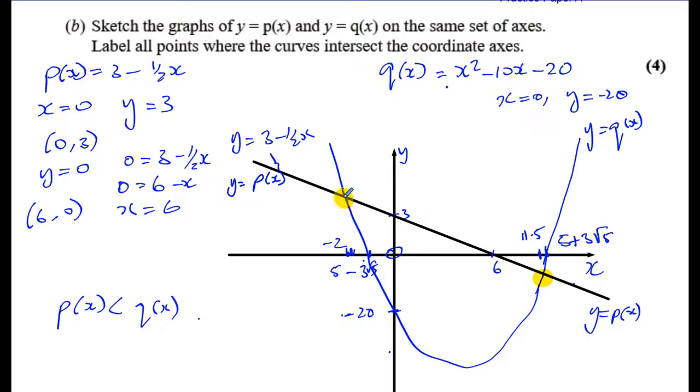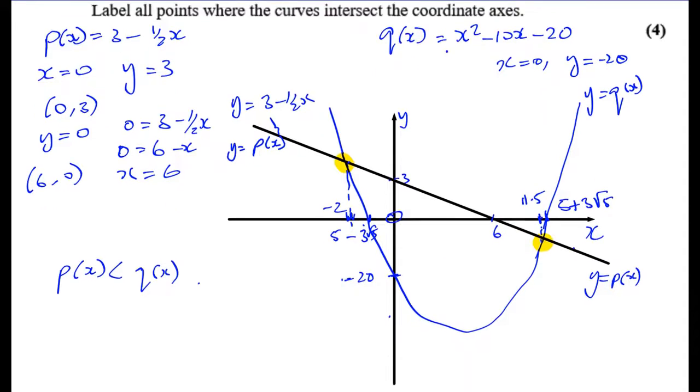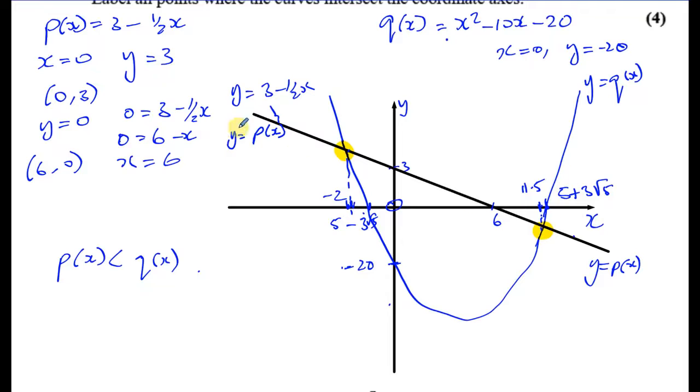They are equal to each other when x is minus 2 and when x is 11.5, 23 over 2. But p of x, which is the line, is less than q of x. You can see between here and here it's above q of x. We want to know when it's below it.